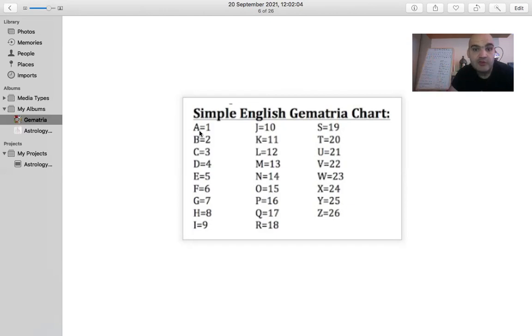And when you say, I'll give you a something, you're usually talking about a single thing. So that's just a quick explanation of how letters are connected to particular numbers. But obviously, I'm going to get into that a lot more deeply once I go into my board. So yeah, this is simple English gematria.